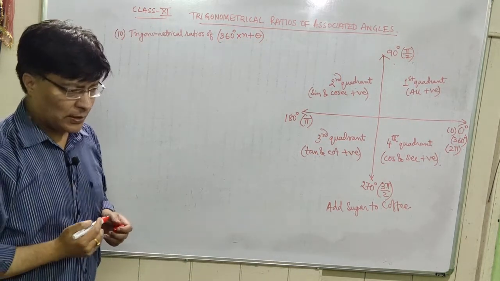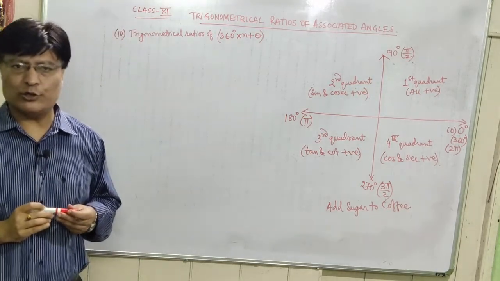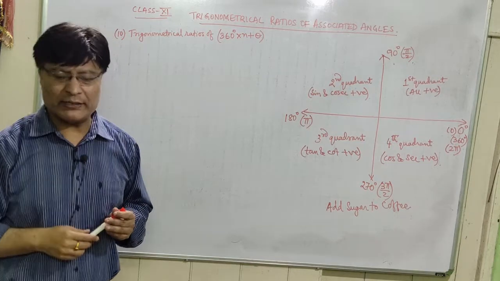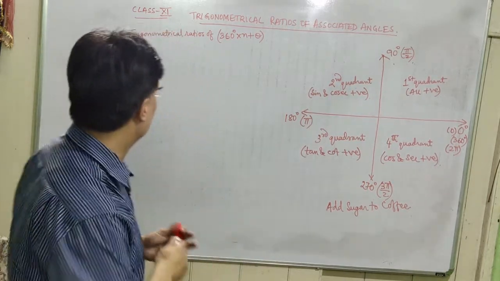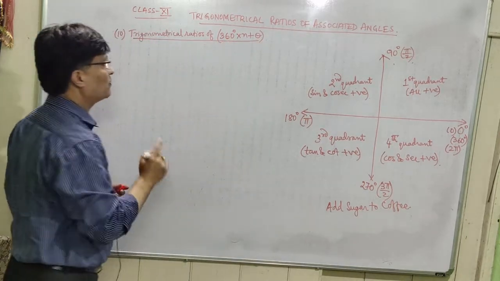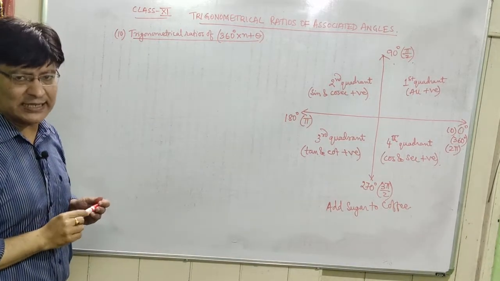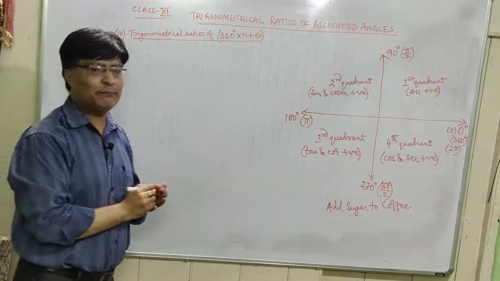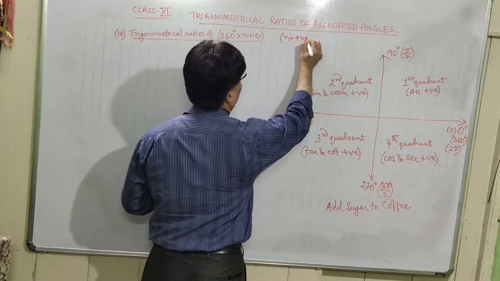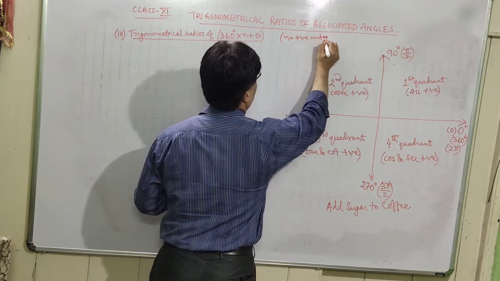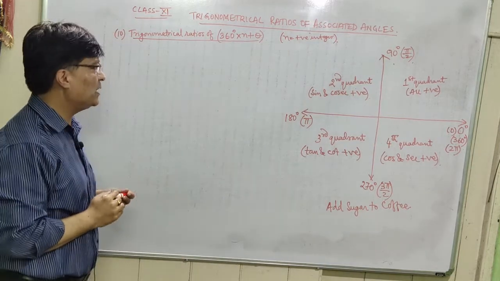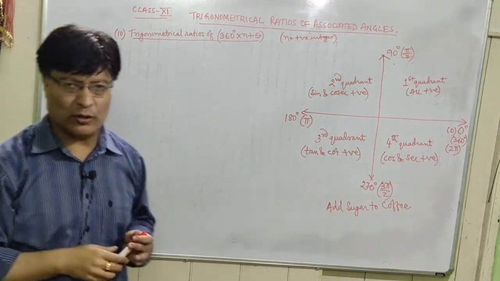Sometimes the angle of the trigonometrical ratios may be more than 360 degree. So let us find out the trigonometrical ratios of 360 degree into n plus theta, where n is any positive integer. It may be 1, 2, 3, 4, 5, and so on.